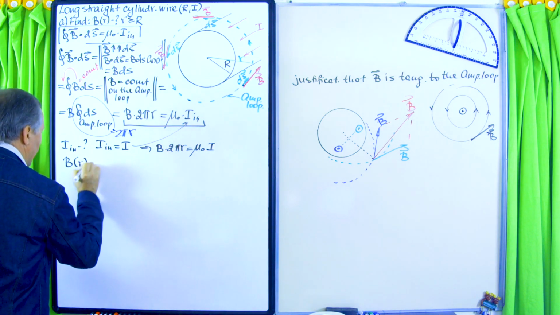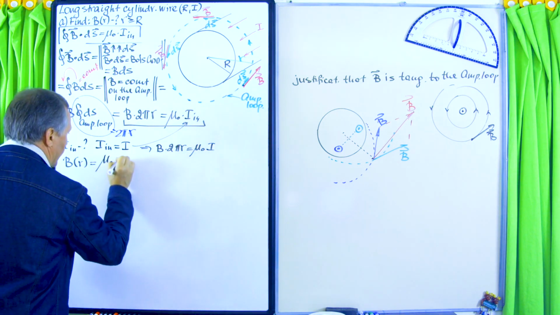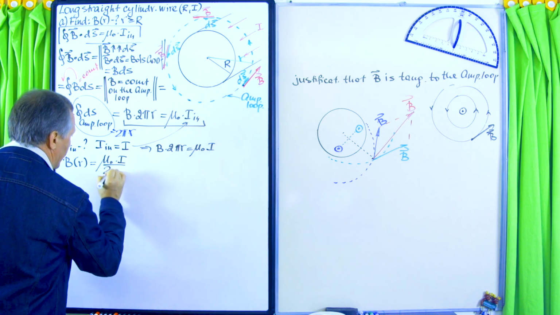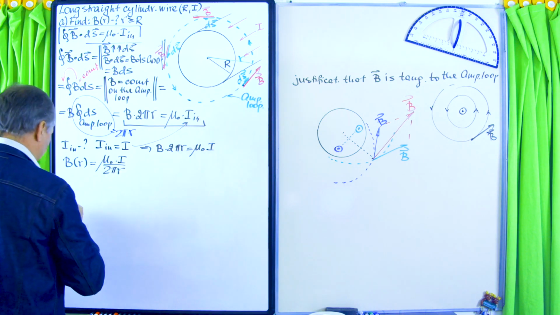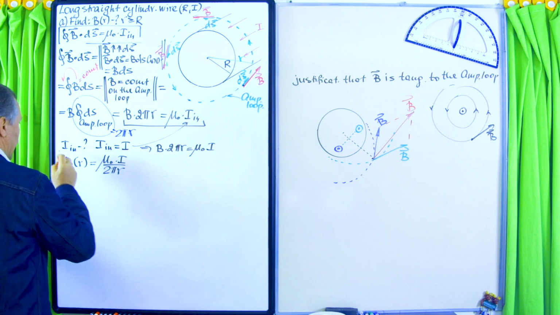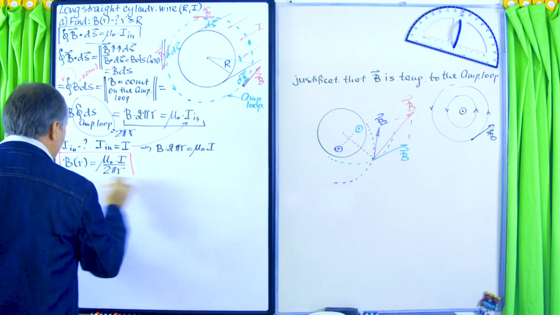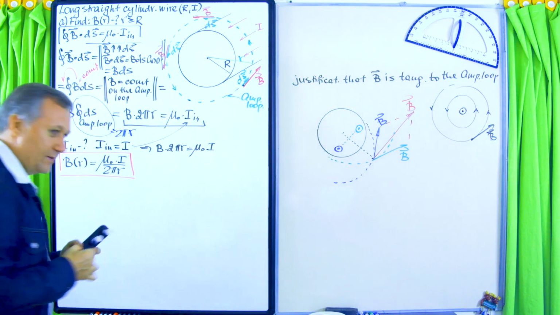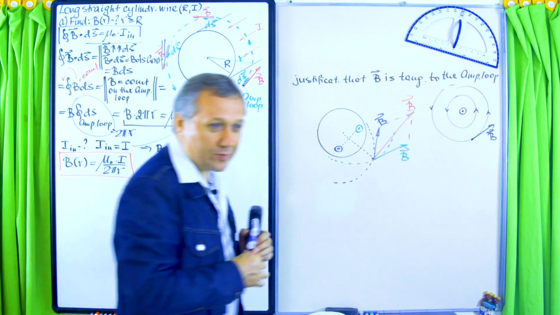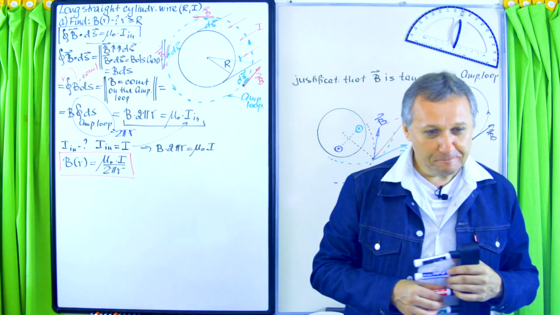Okay, so now we can solve for B. I can write B as a function of r equals mu naught times I divided by 2 pi r. Right. So that's the final expression, and that's what we've been using already in our problems on Friday, right?